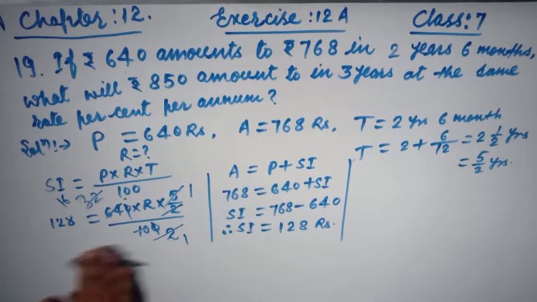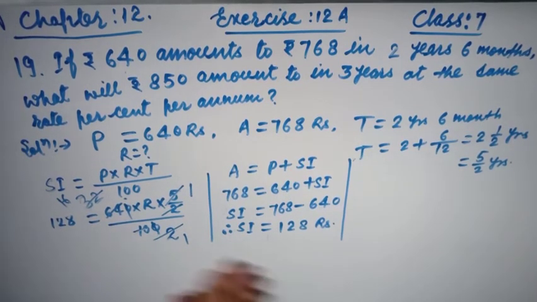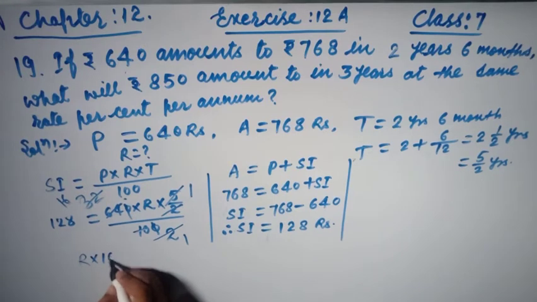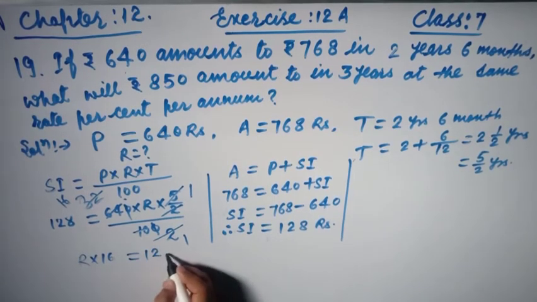So here friends, R multiplied by 16 is equal to 128.